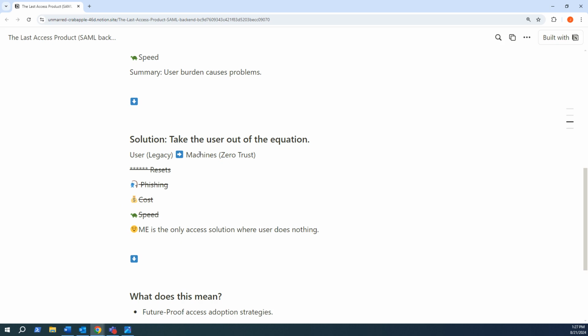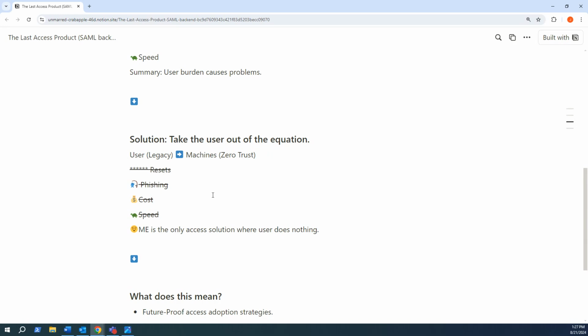Whereas the modern approach, and the way to future-proof your access technology adoption strategy, is to use machine-based or zero-trust technologies that have been pushed by the US government for quite some time. And utilizing that, where we go from something that's imperfect to something that uses algorithms, we can eliminate resets, we can eliminate phishing, we can eliminate the cost, we can eliminate the slowness of access.